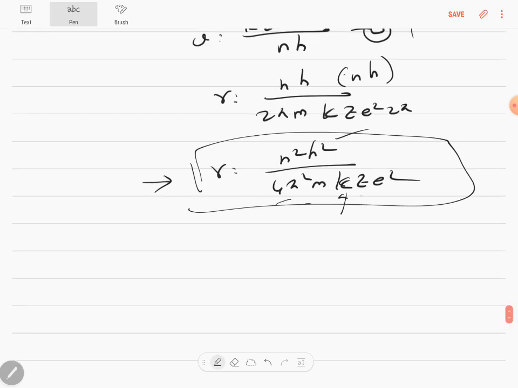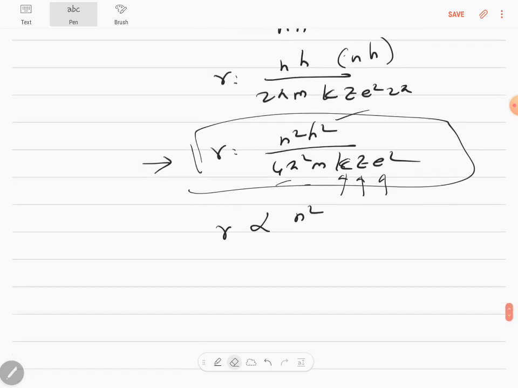Z, for a hydrogen atom, will be just 1, and e is just the charge of an electron. Everything seems to be a constant, so r is proportional to n square by m. In fact, for the hydrogen atom, m will also be constant. So r is just proportional to n square. Can you see? r is proportional to n square.